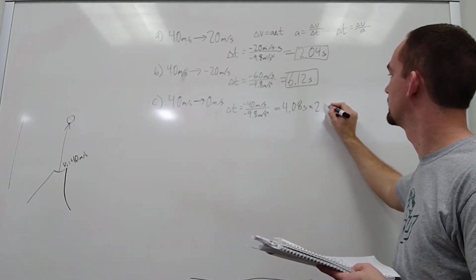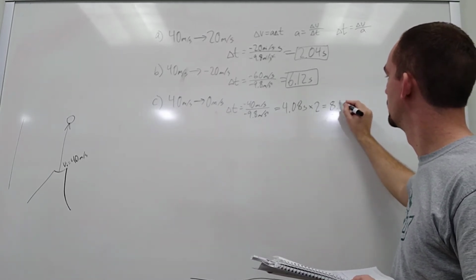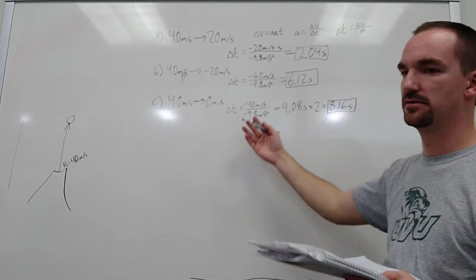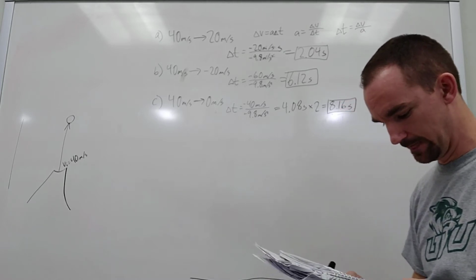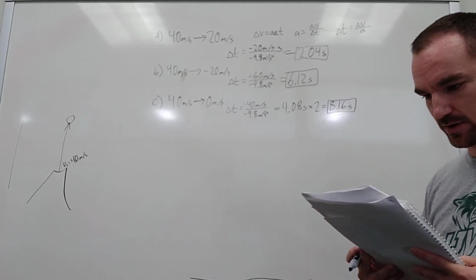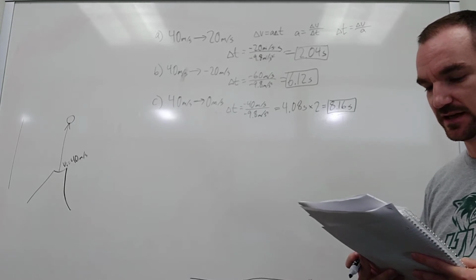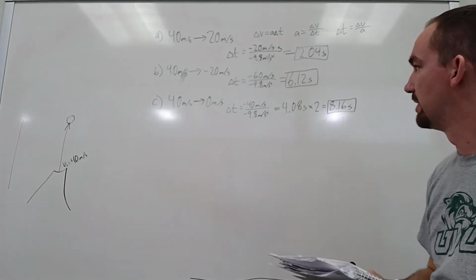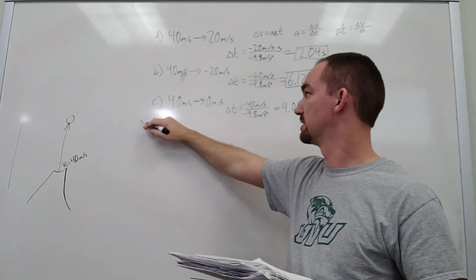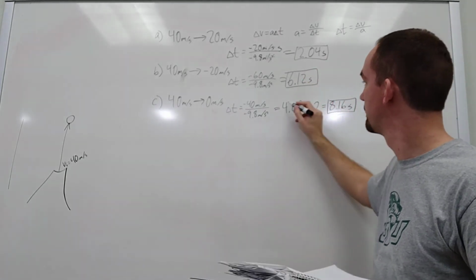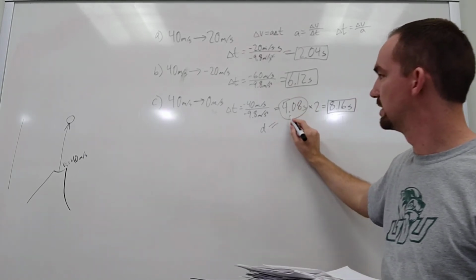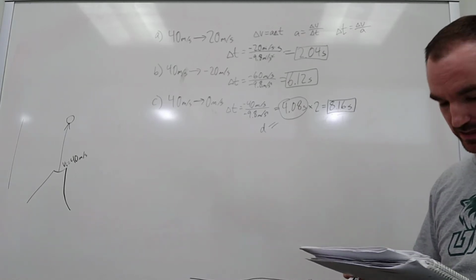So you multiply that by 2, you get 8.16 seconds for it to get back to where the displacement is 0. And then part D, when is the velocity of the boulder 0? That's already found in our equation from C, because when does the velocity equal 0? It's right here. So part D equals 4.08 seconds.